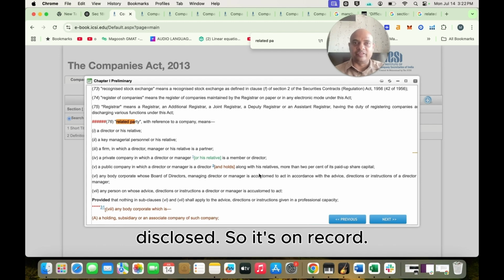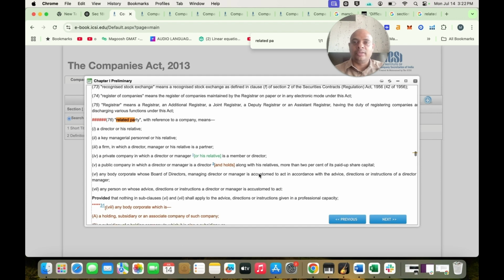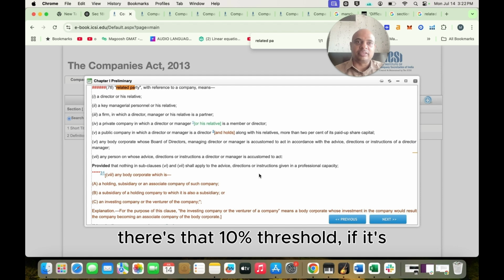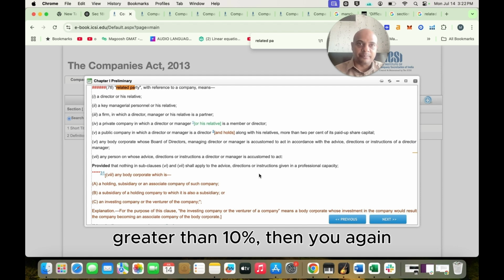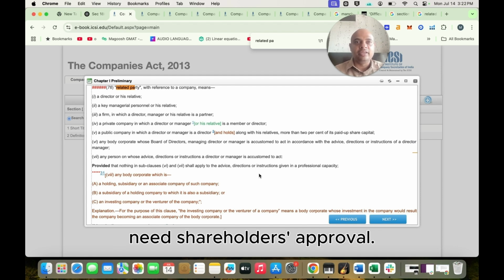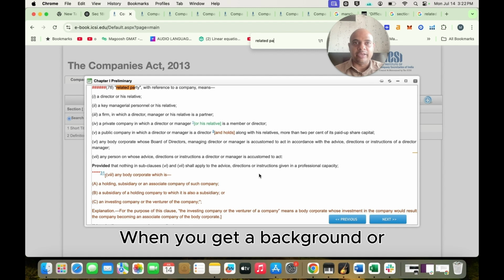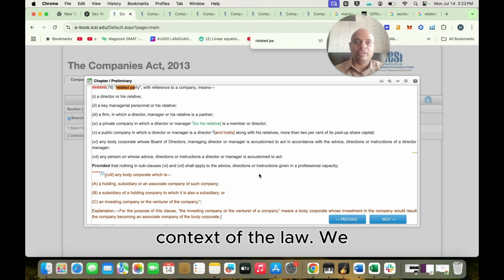All of that has to be disclosed, so it's on record. And in certain scenarios where there's that 10% threshold, where if it's greater than 10%, then you again need shareholders' approval. This is how you can learn the law better, when you get a background or context of the law.